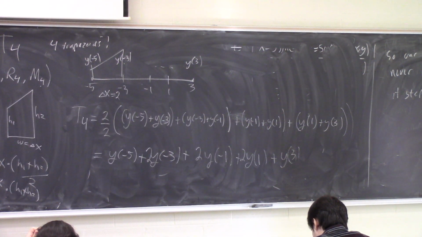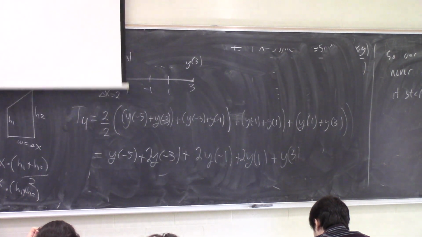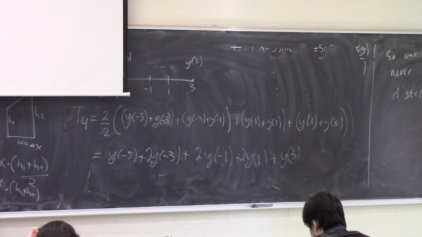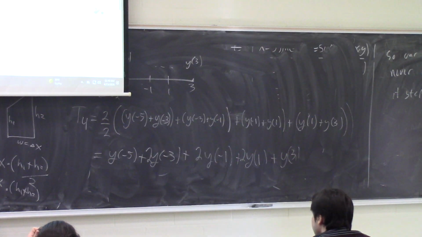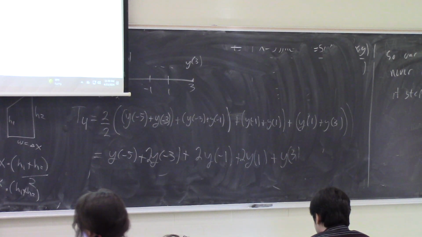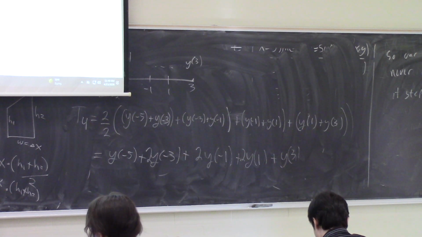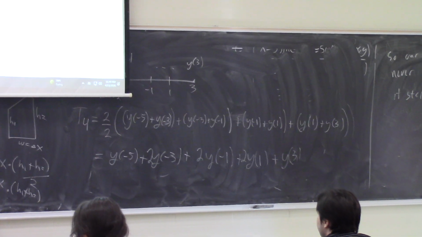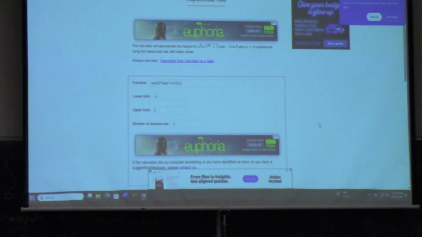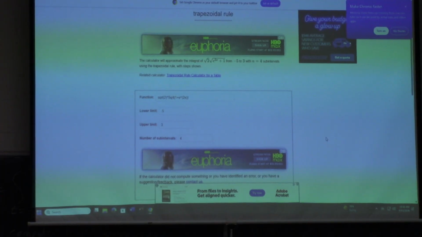And here I'm going to punt, and I'm going to just have the computer do it. But the idea is you have few enough rectangles that you should be able to compute these. So here's a trapezoid calculator on cheatamacalculus.com, another site that they run.